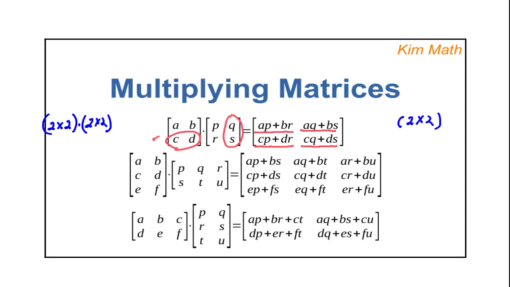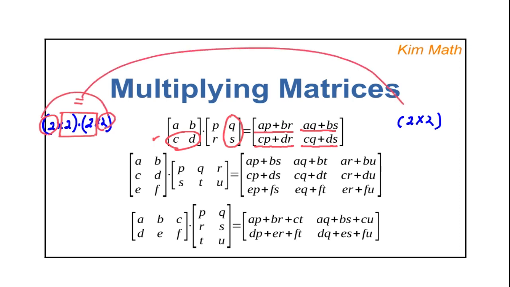When you write the dimension of each matrix, here 2 by 2 times 2 by 2, the two numbers inside must be the same. Otherwise multiplication is not possible. And the first number and last number together give the dimension of the resulting matrix.